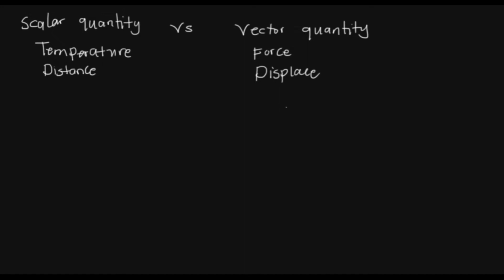Now displacement is an example of a vector quantity, because for this one there should be the magnitude and also we need to have the direction. For example, a statement that is looking at the displacement will state like an object covered 20 meters from one position to another position.